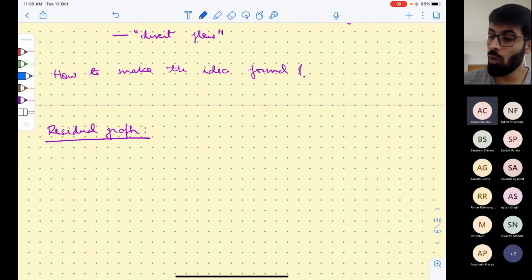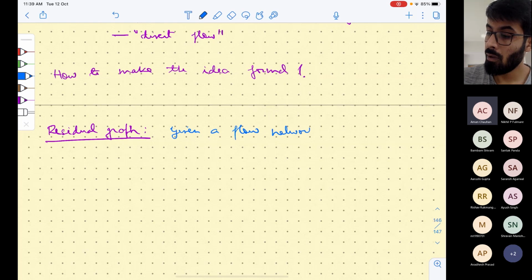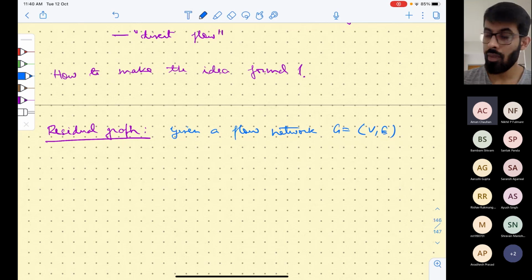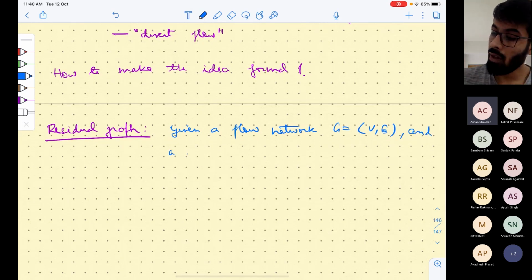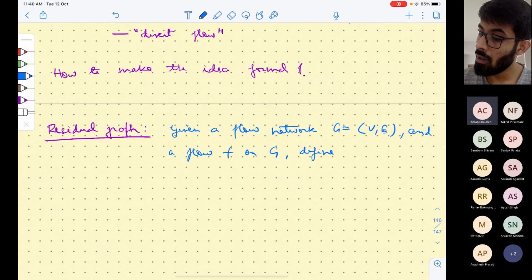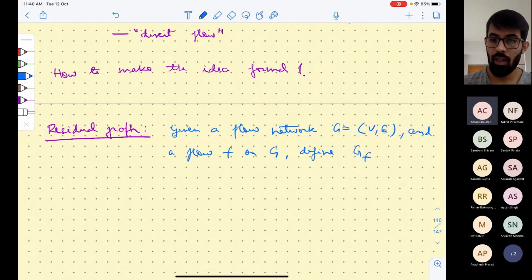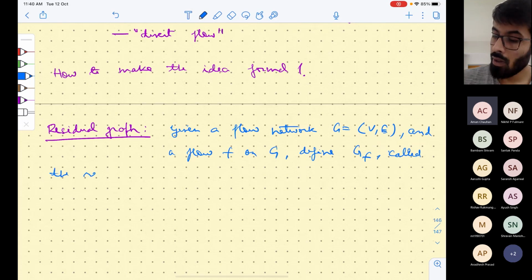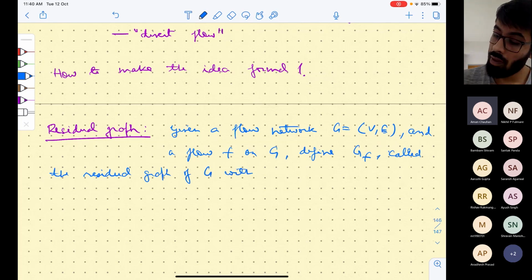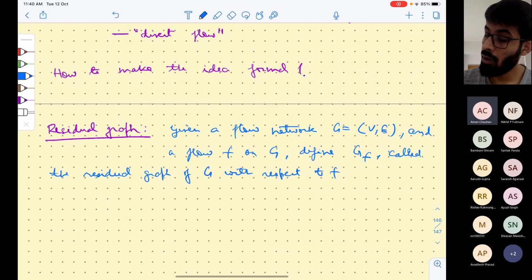So now, given a flow network G and a flow F on G, define G subscript F, called the residual graph of G with respect to F, as the following.